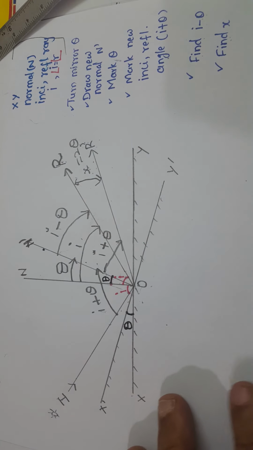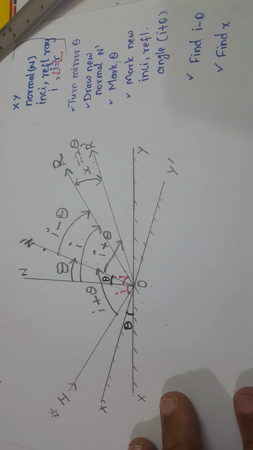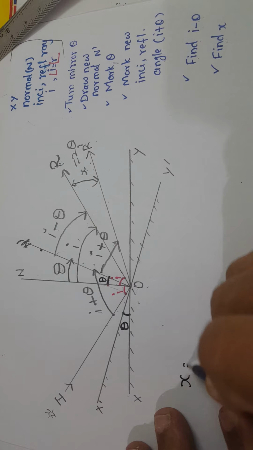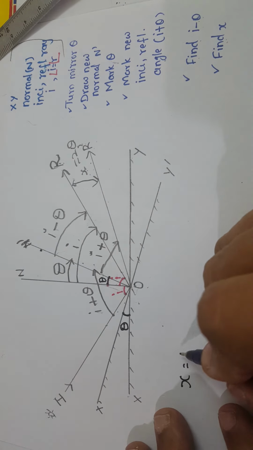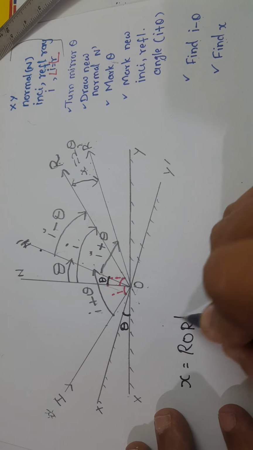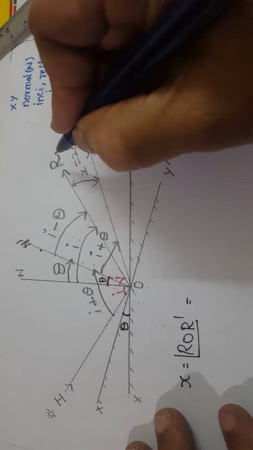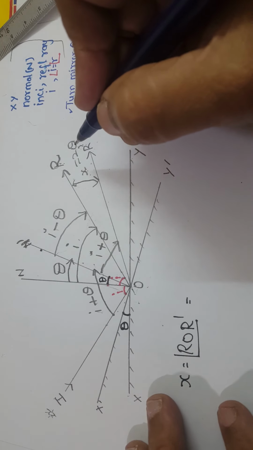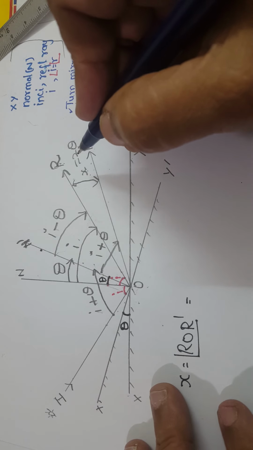So easily you can now find out what x is. So x will be nothing but the angle R O R dash, right? For that, what can you subtract? Look here, children.